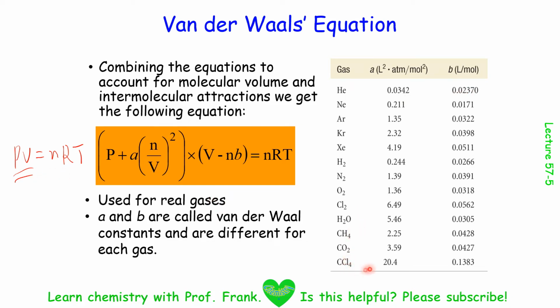Well, the heavier ones you see right here, like CO2 at 3.59 and CCl4 at 20.4 for the a constant, are very, very high compared with helium at 0.03, which means those heavier gases deviate much, much more from the ideal gas.